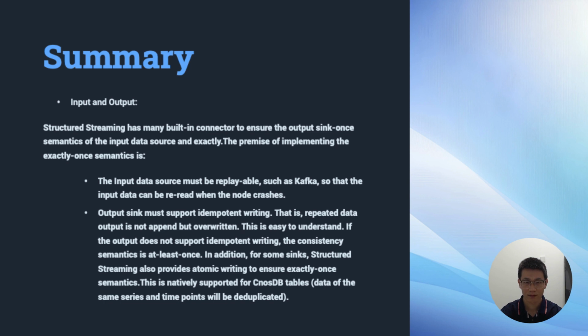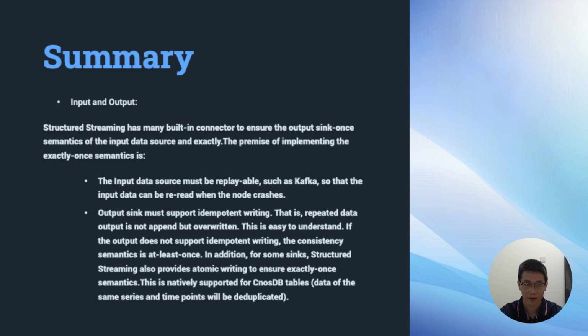Structured Streaming natively supports many connectors, meaning it can connect to various data sources. However, in stream processing, you may be familiar with different semantics, such as exactly once or at least once processing. To ensure these semantics, certain conditions must be met.